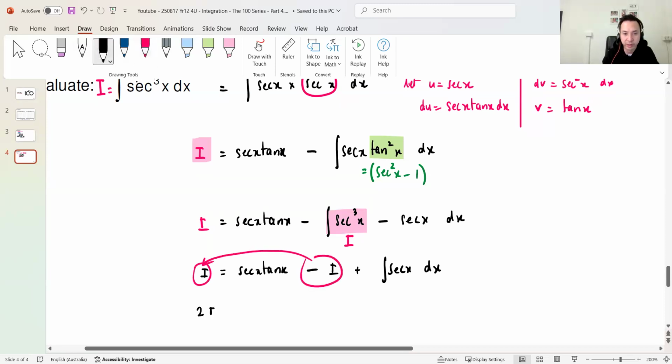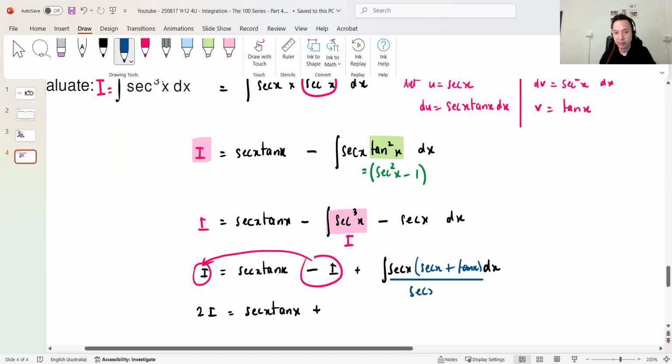So 2 times I equals sec x tan x plus, now, my favorite, right? The integral of sec x, guys. For those that know how to do it, the shortcut is to basically multiply top and bottom by sec x plus tan x, right? Now, why do I do that?